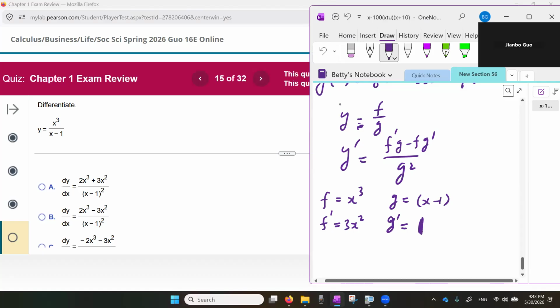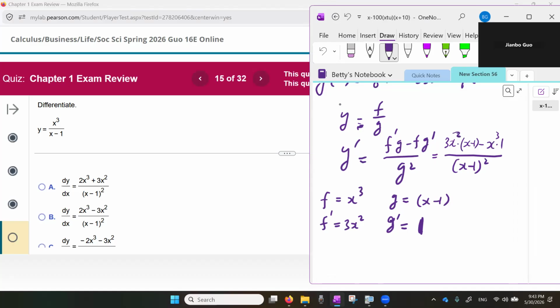All right, so let's plug into the formula. The denominator is g squared, so the square of x minus 1. Numerator, f prime times g minus f times g prime, which is 1, okay? This is squared.